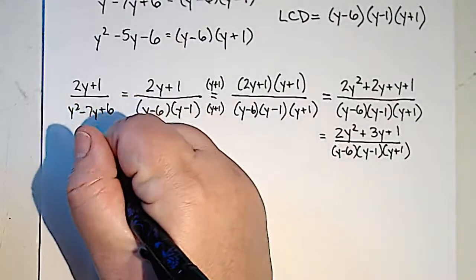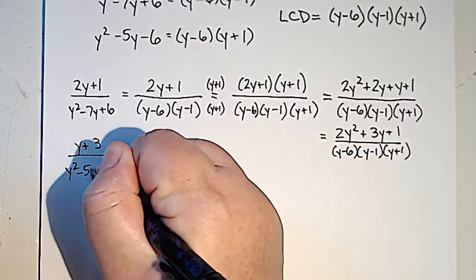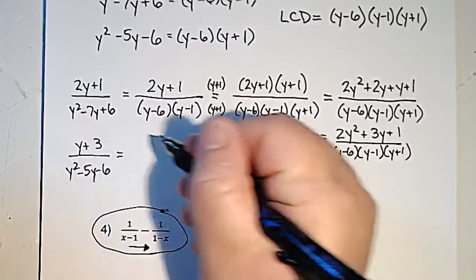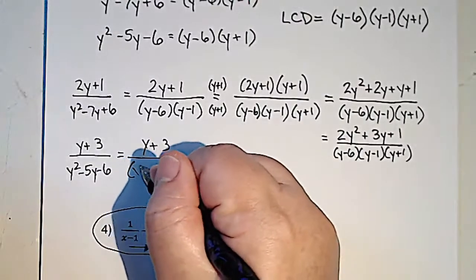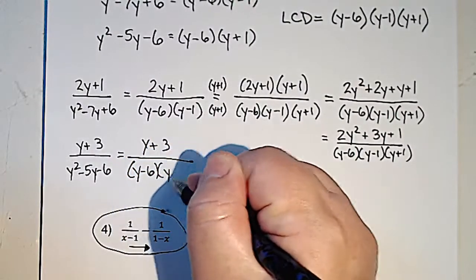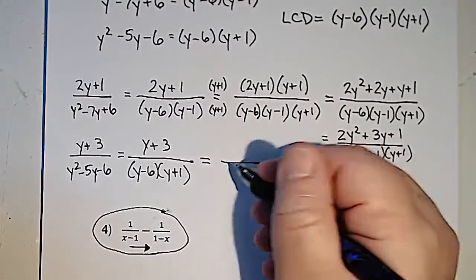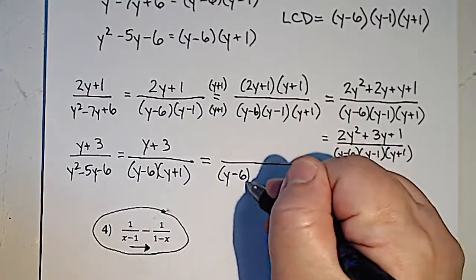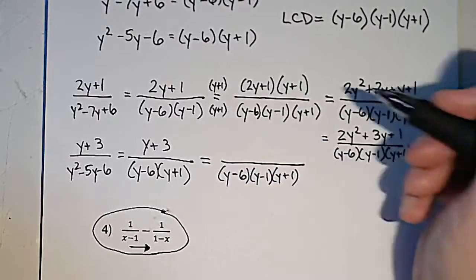Okay, so we've got y plus 3 all over y squared minus 5y minus 6, which we factored: y plus 3 over y minus 6, y plus 1. I need to put it in terms of the new denominator, y minus 6, y minus 1, y plus 1.